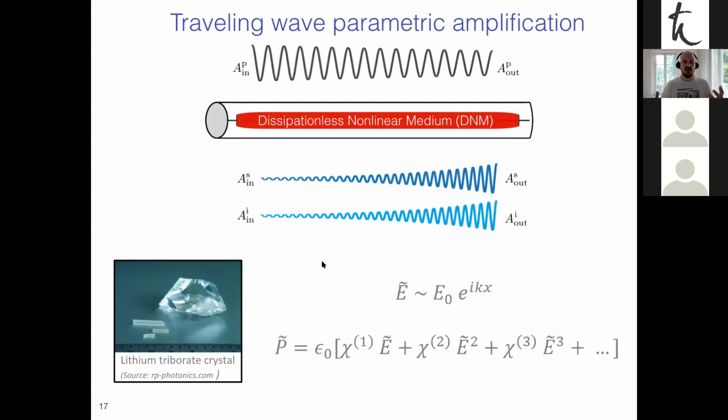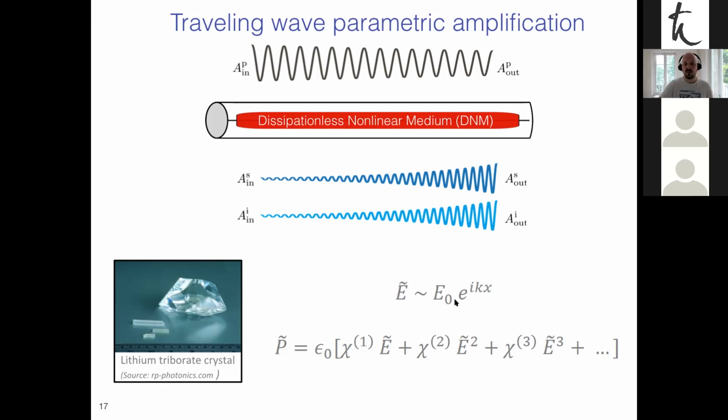This traveling wave parametric amplification is well known. It's been used in optics for, I would say, decades. In this case, the materials are usually nonlinear crystals. If you want to be a bit more formal, you might want to write the polarization versus the electric field propagating.